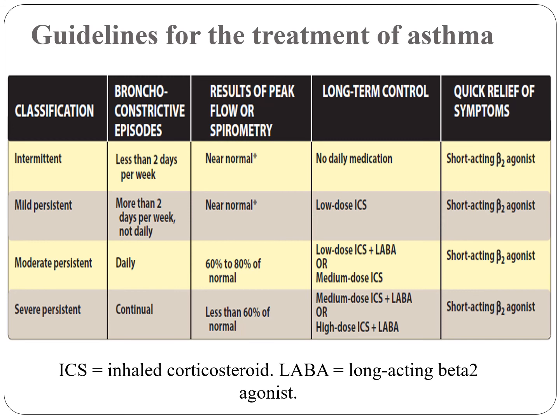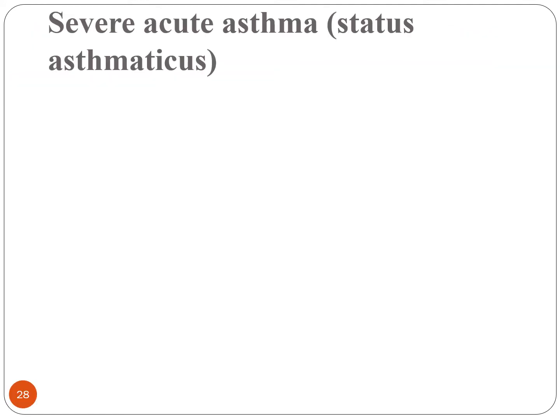Here we need either a medium dose of inhaled corticosteroid plus a long-acting beta-2 agonist, or a high dose of inhaled corticosteroid plus a long-acting beta agonist. This is an American guideline for treatment of different classes of asthma attacks.